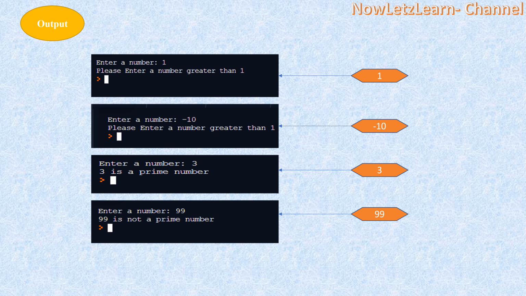If the user enters 3, the program says 3 is a prime number. If the user enters 99, the program says 99 is not a prime number. Hopefully after seeing these examples, you are clear on how this Python program works.